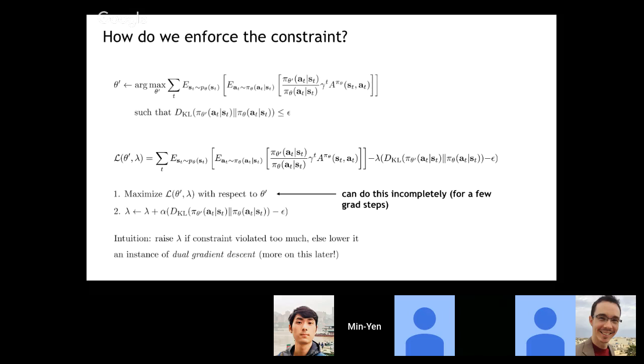Then we take a gradient step to bring it back inside our constraint. So we are doing a gradient step on two sets of parameters independently. That optimizes the value and also does not violate the constraint.